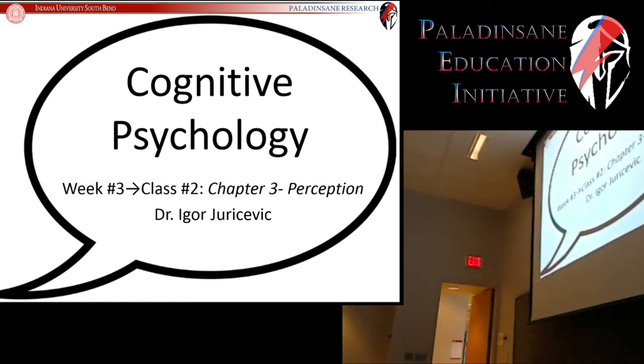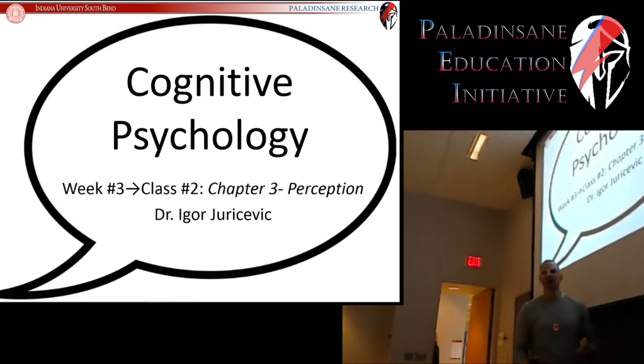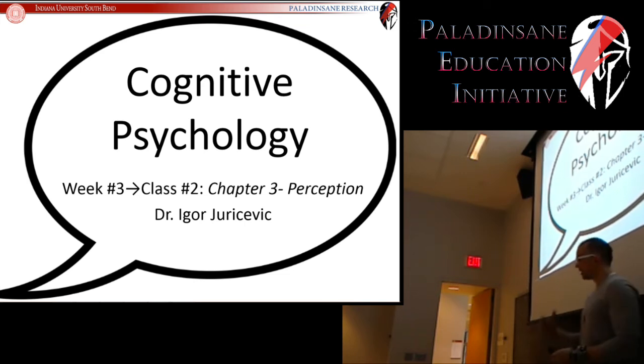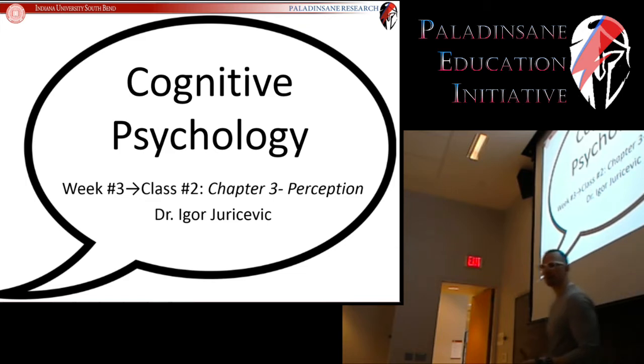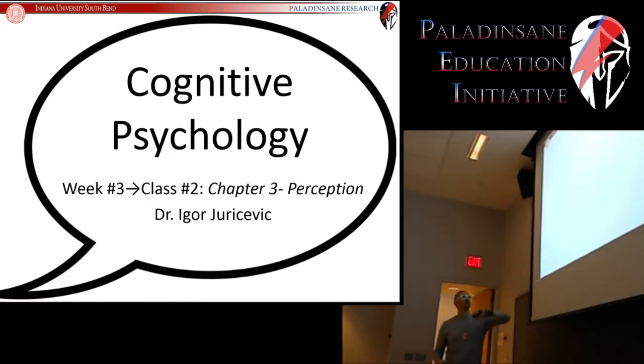All right, so perception, chapter 3. So now we're moving into the next sort of classic, fundamental, iconic area of cognitive psychology, which is perception. So this is my predominant area that I experiment in psychology. So we're going to take a look at some of the important work that was done here.